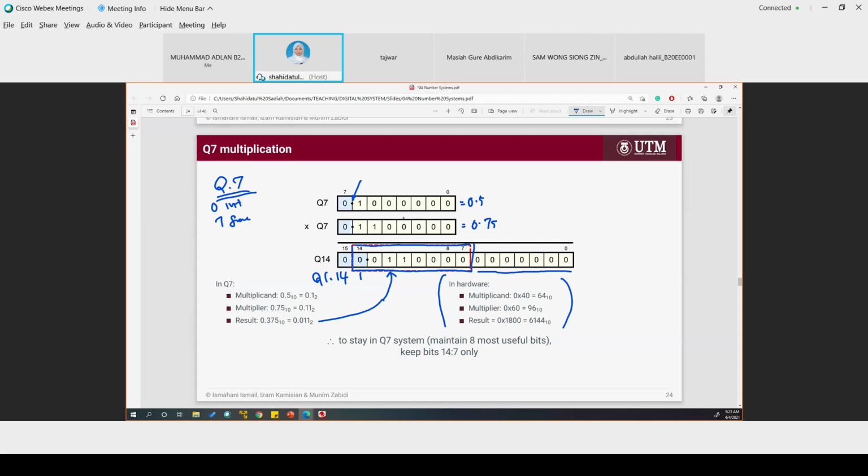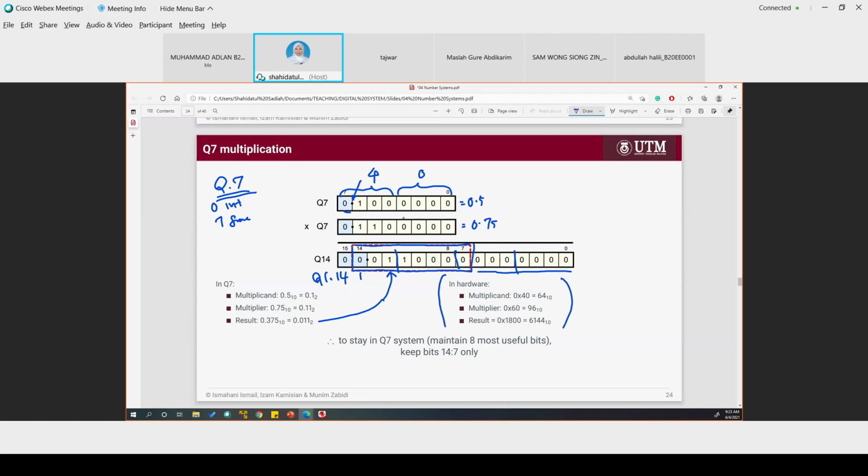So in the hardware, these bits are only in hexadecimal. We call this 40, this is 60, and this is 1800.